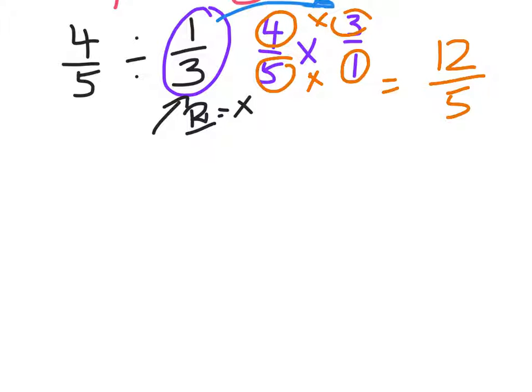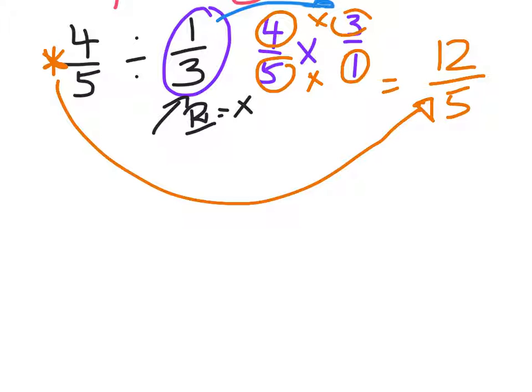So therefore, the answer is 12 over 5. By using the reciprocal and changing this fraction, all we have to do is apply our multiplication skills. Very, very easy once we do that.